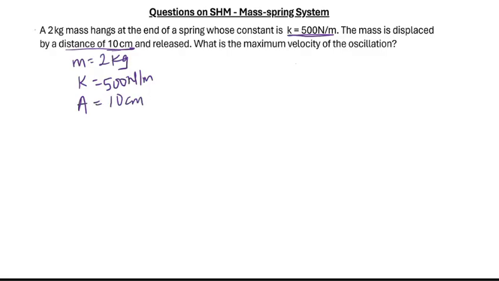And mind you, being displaced by this distance means they stretch it to that amplitude before it was released, and that is the distance given to us. What is now the maximum velocity?